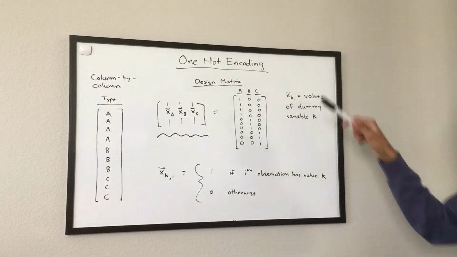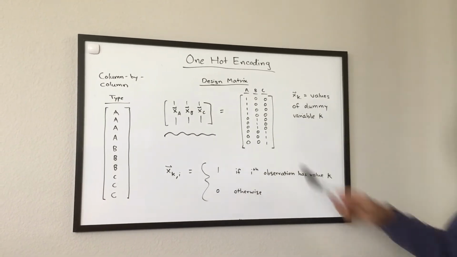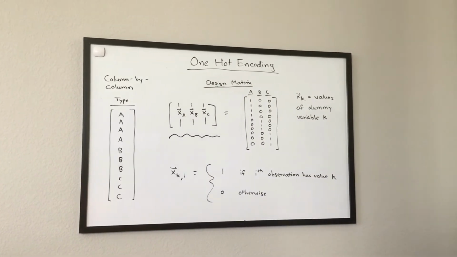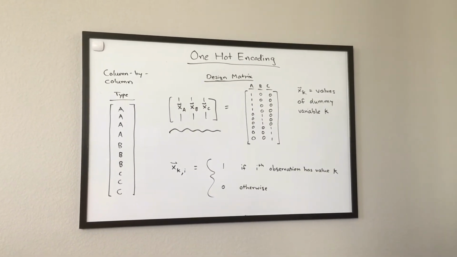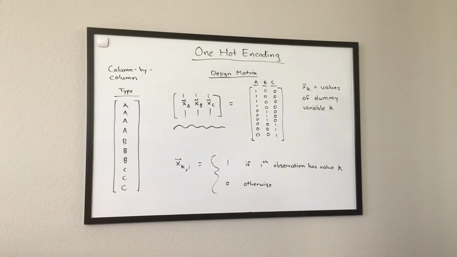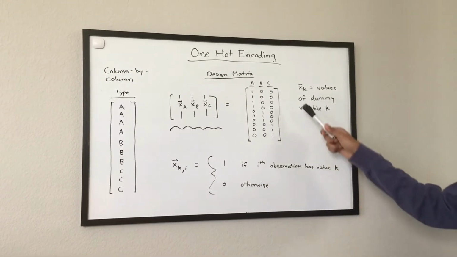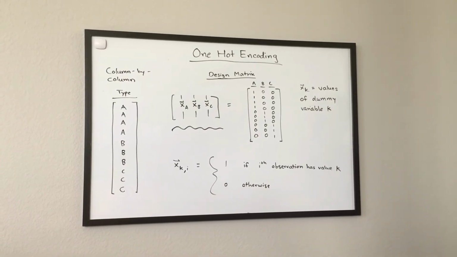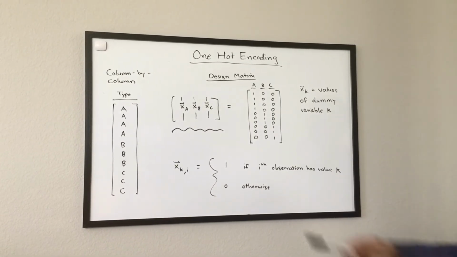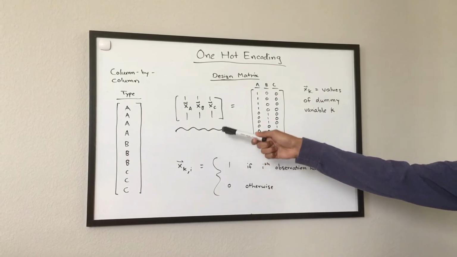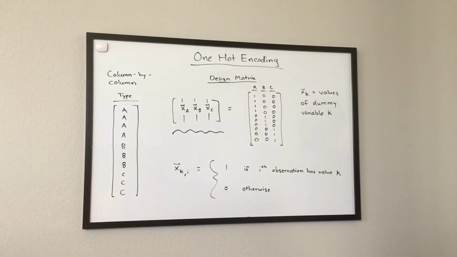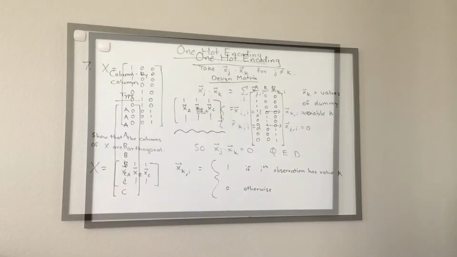But if we look at that same column and we look at the last value, it's 0 because the last observation has value c. It does not have value a. Correspondingly, the last value in the vector x_c is 1 because the last observation has value c. Keep in mind this mathematical representation of the design matrix because we will be using it to derive some important results later in the discussion worksheet.